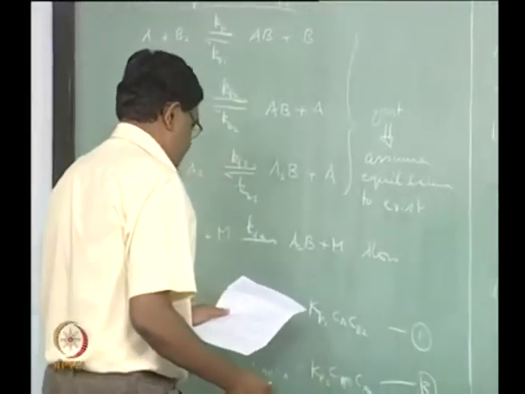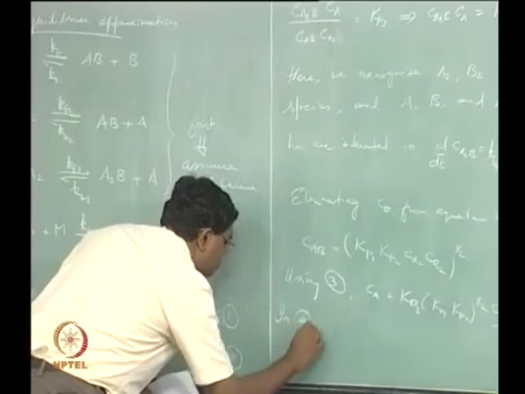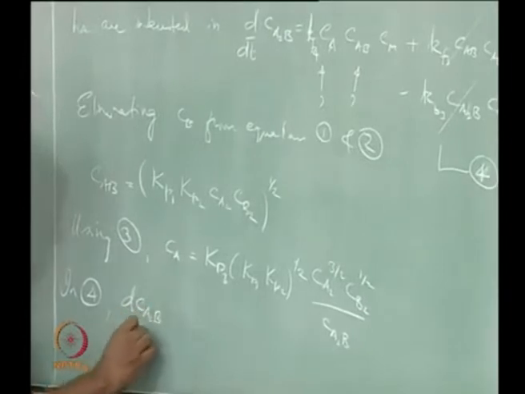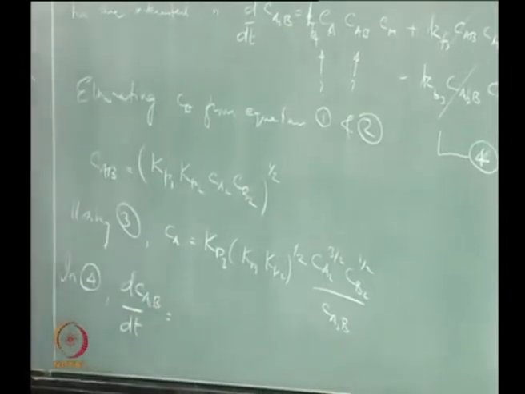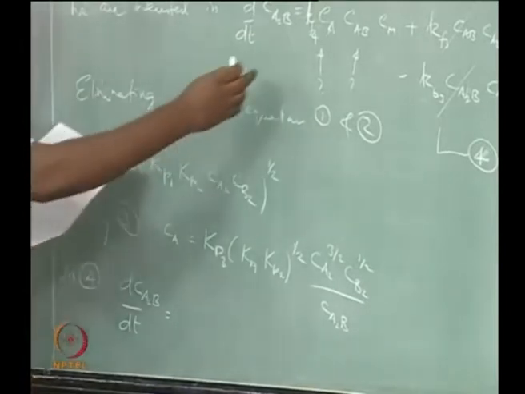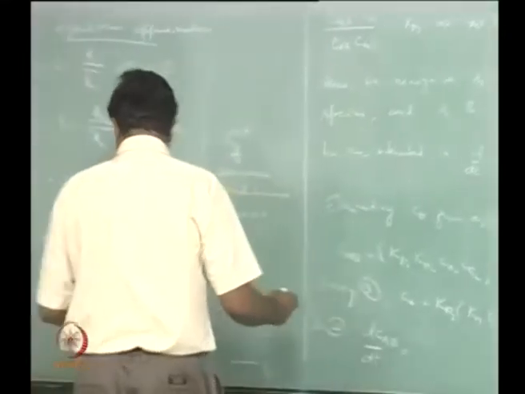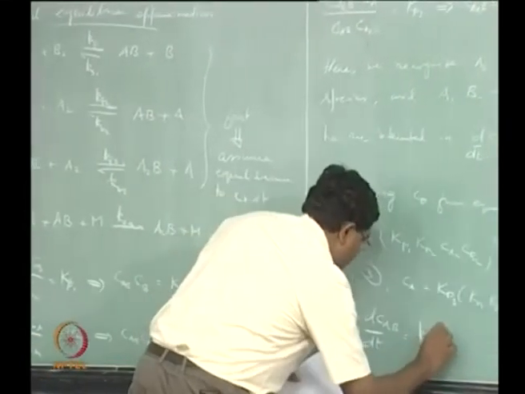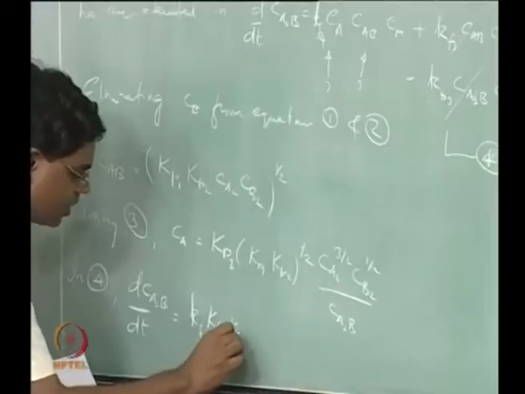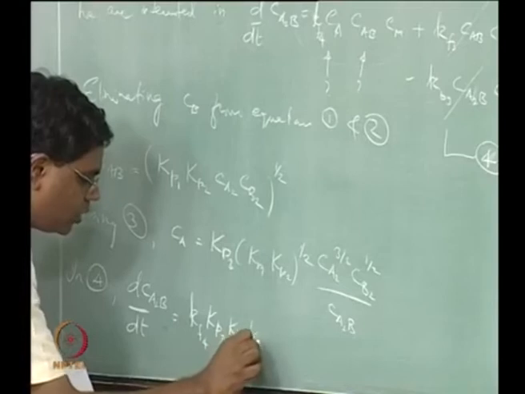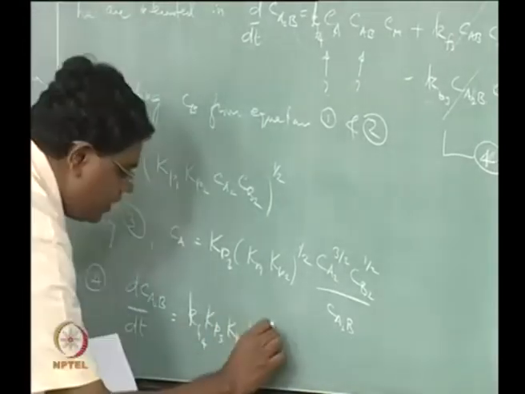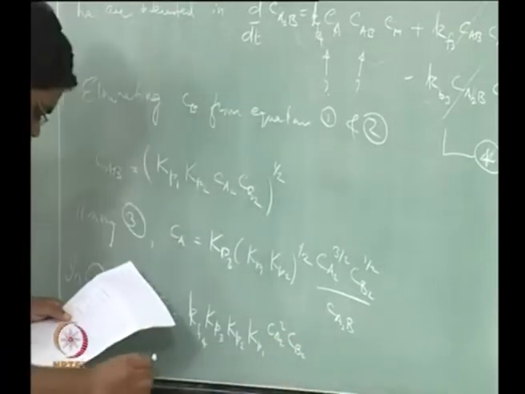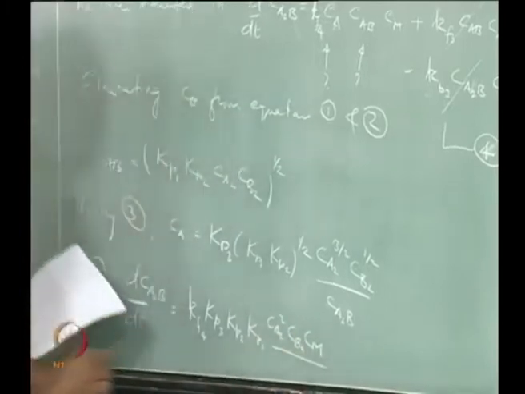So what happens in 4 is d CA2B divided by dt is equal to, you would have a kf4 coming in, and therefore start with a small kf4, then you have everything else showing up, KP3, KP2, KP1, CA2 squared, CB2, CM, that is still there.